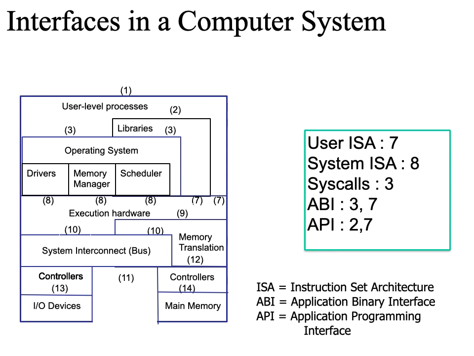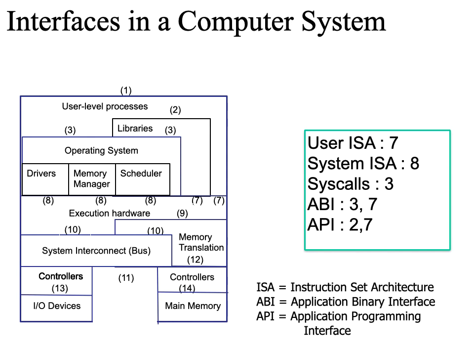What this means is that the ABI is the view of the rest of the computer system as seen by user level processes. Whatever user level processes do, they are either executing user ISA instructions directly on the processor, or they are executing system call instructions, which then transfer control to the OS to do something on their behalf.